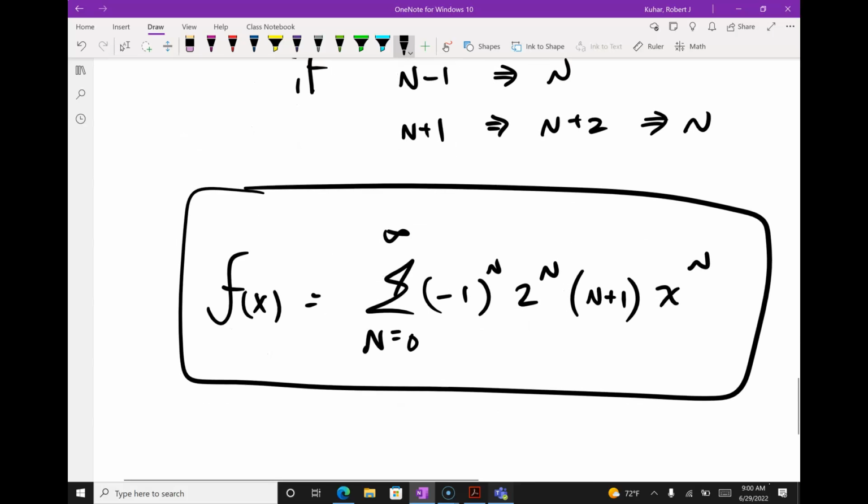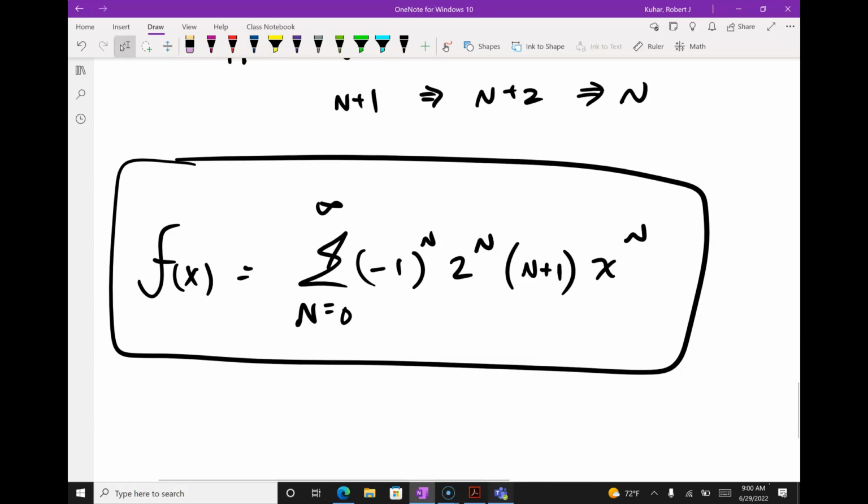There's the final answer. You might have n minus ones. I'll talk about that. Your answer's still right, but at the end I'm trying to see if I can replace things to clean it up as much as possible, right?